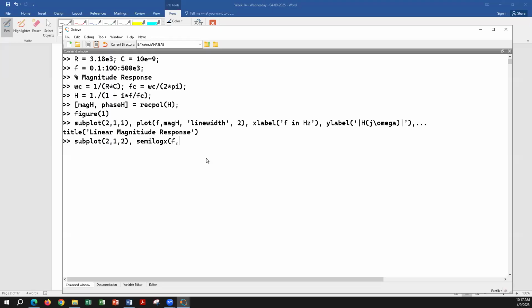So f, comma, magnitude of h, comma, same thing, line width 2. And I'm going to plot the logarithmic response in a different color. So let's say I plot that in magenta. Comma m is going to give me magenta. The first one is going to be in blue, the default. And I'm going to keep the rest of the stuff the same.